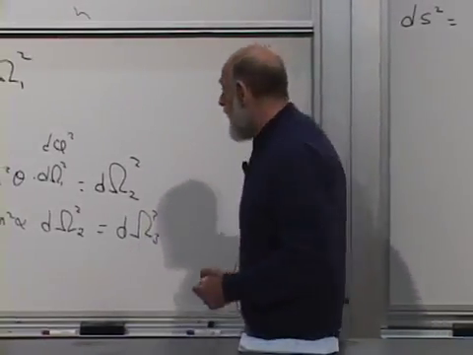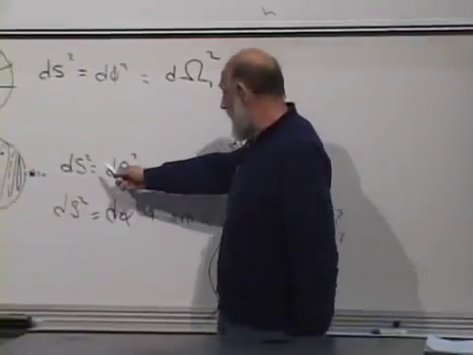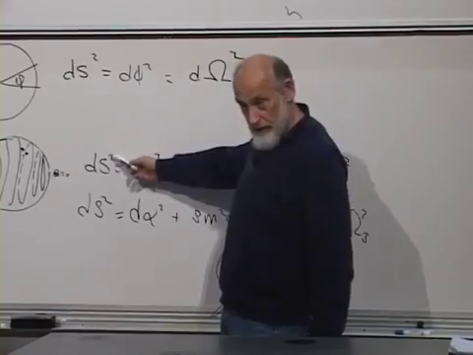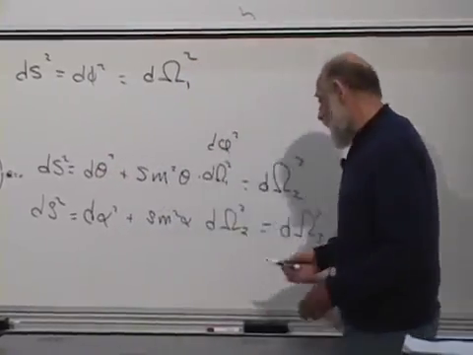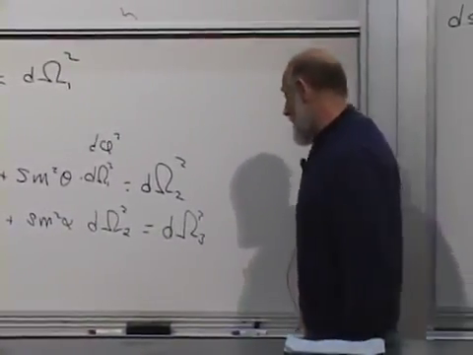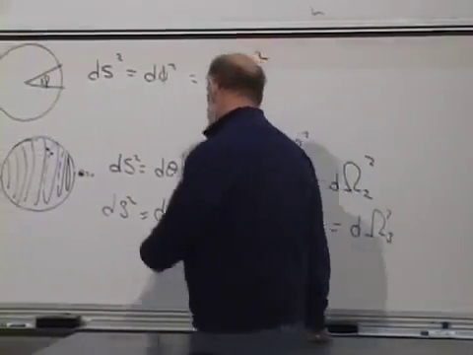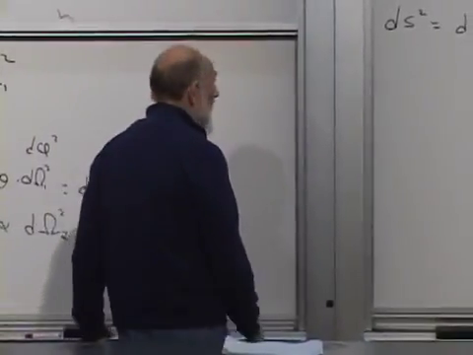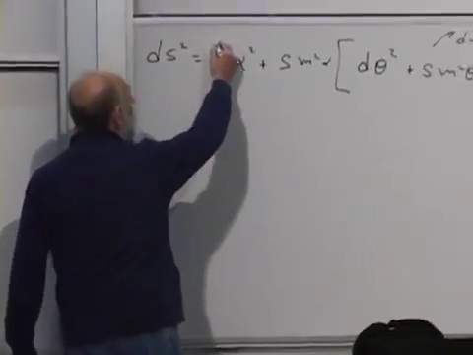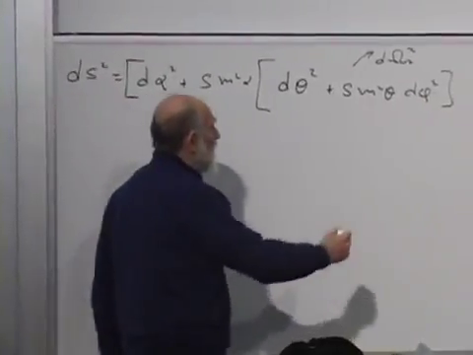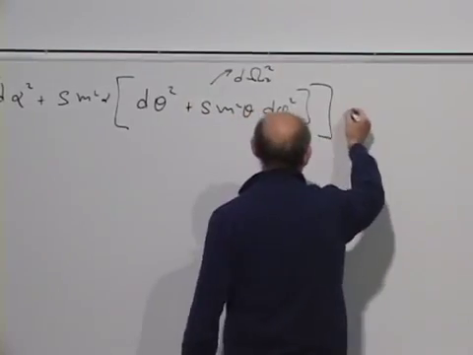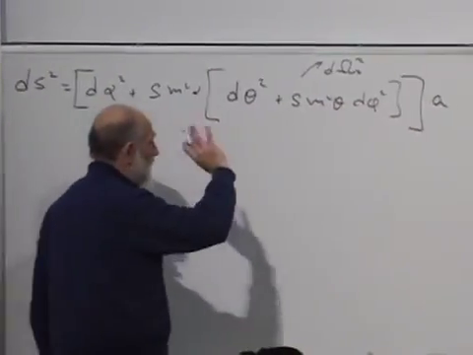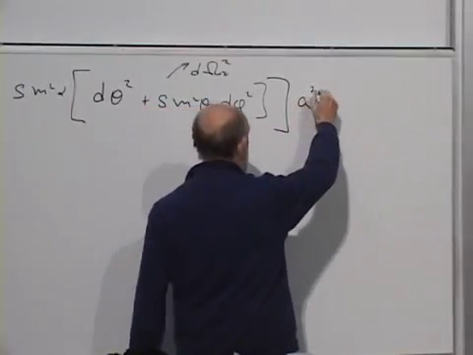Why the square? The square because the metric here is associated with the square of the radius, or the square of a distance. And so if we actually wanted let's say a 3 sphere of radius a, we would take this whole thing and multiply it by a squared. Thank you. A squared.